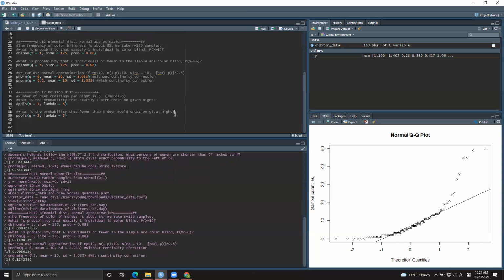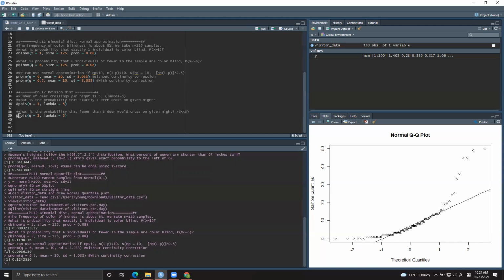Again, this is looking for the probability of less than 3. So this is equal to the probability of 0 plus the probability of 1 plus the probability of X equal to 2. Right?